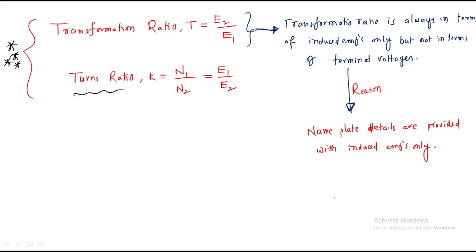That's why transformation ratio is always in terms of induced EMFs. For every machine, the nameplate details have induced EMFs only.